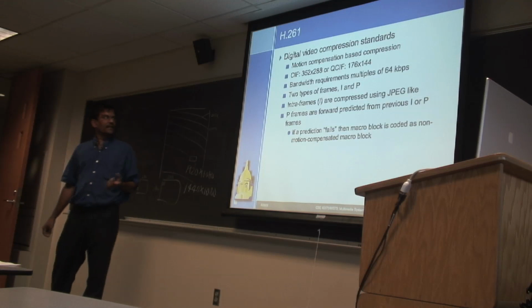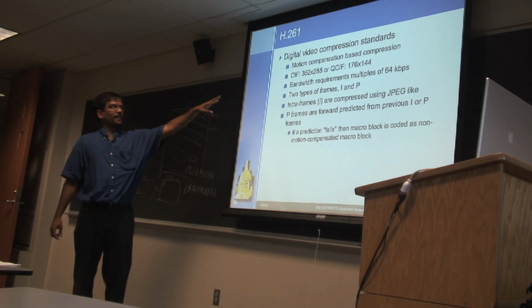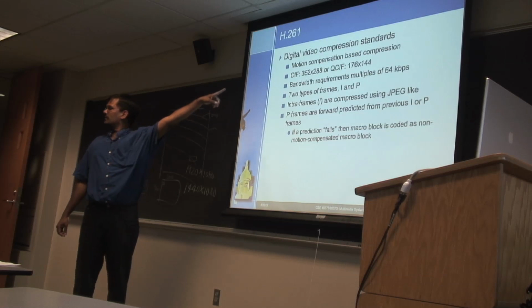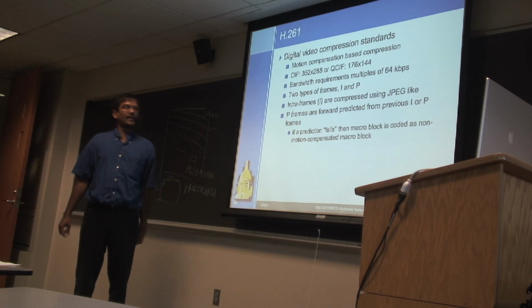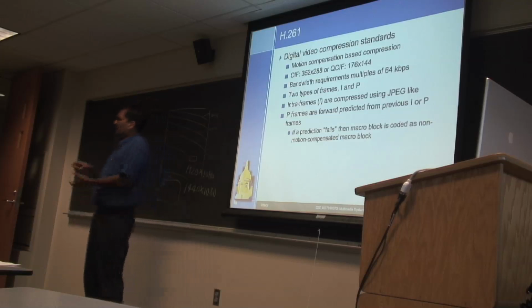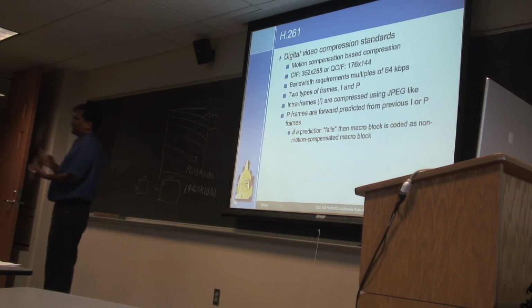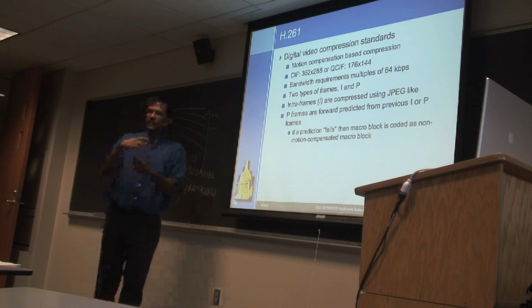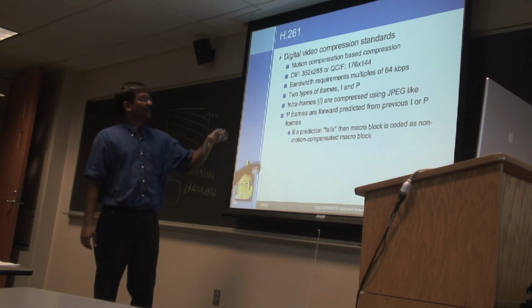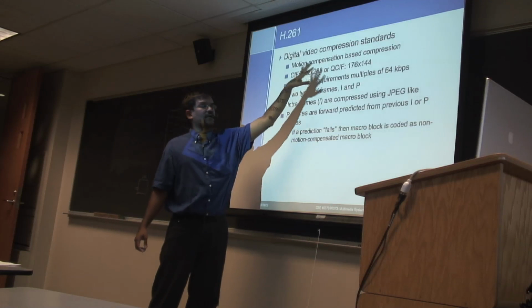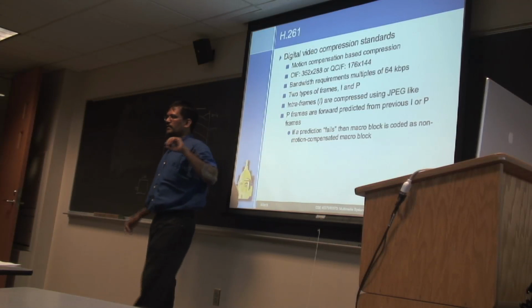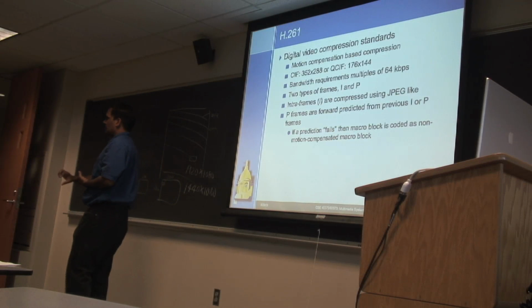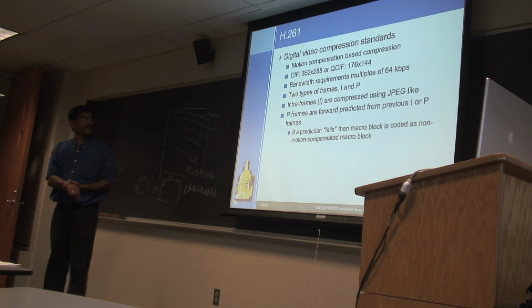Some other terms: SIF is that size, 352 by 288. Those numbers are kind of hard, but they're chosen such that they're divisible by 16, so they can figure out good blocks. These are the two sizes, SIF and QSIF. This encoding supports those two sizes.